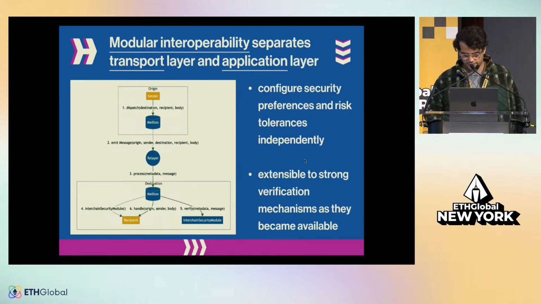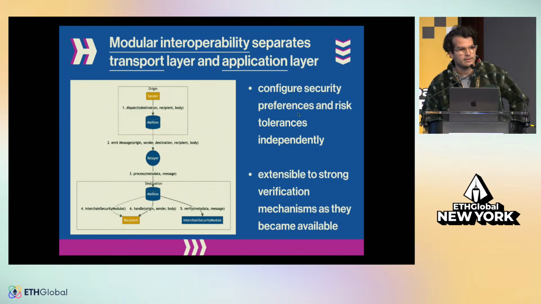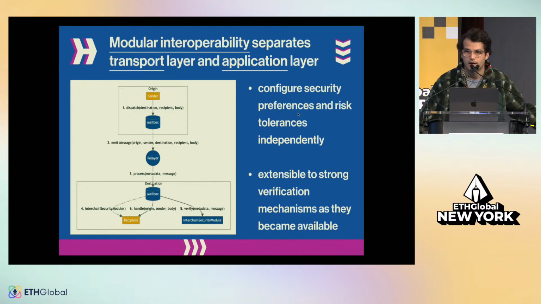Just to zoom in quickly, the security preferences that the application developer can express are a function of message content. And something I'm excited about personally is this L2 to L2 interop use case without forcing users to go through the L1, have that fast, cheap, not have to worry about interfacing with the L1 settlement period.